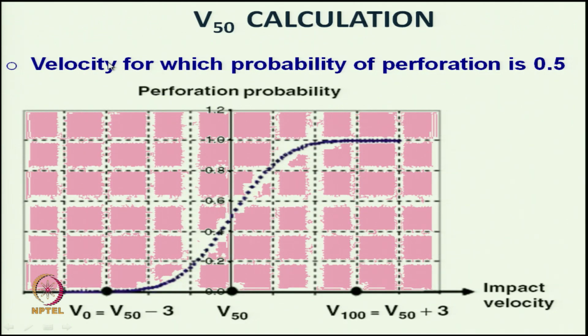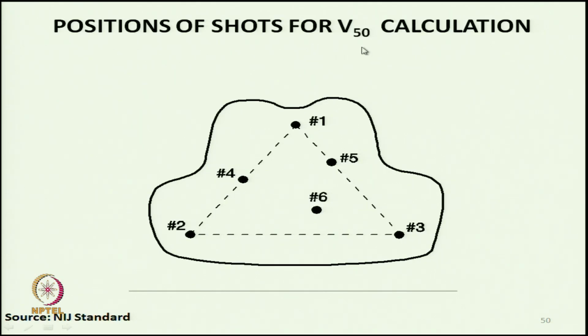This is the velocity for which the probability of penetration is 0.5. Typically we increase the velocity and look at the probability. This velocity is called V50 and that is measured.